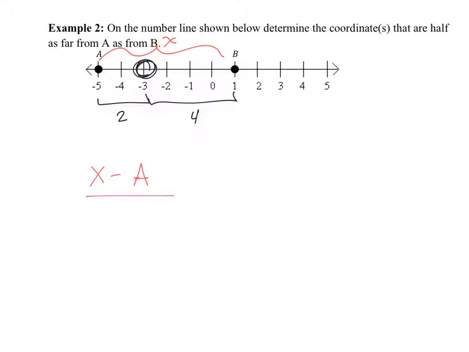Now, the distance between X and B, because X is in this region somewhere, B is bigger than it, isn't it? So how would I use the subtraction operation for this one? B minus X. Now, you were told in the directions that the distance between X and A is half of that between X and B, right? The unknown spot. So what would I set this equal to?